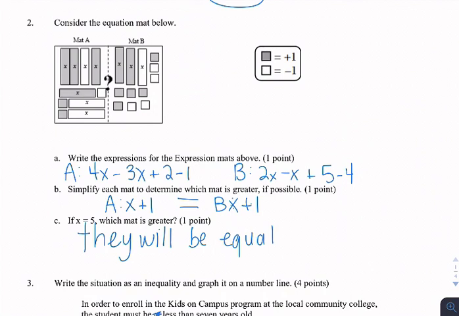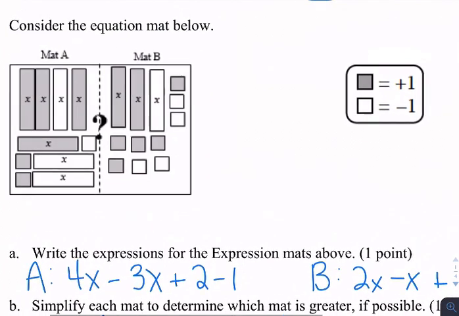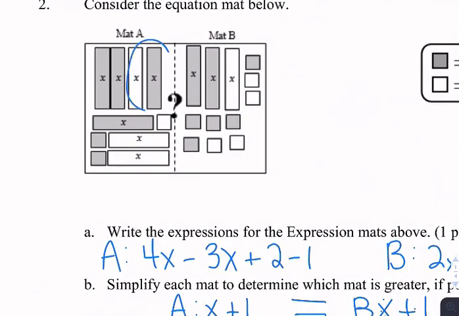When I simplify, even just by making 0 pairs, I'm left with x plus 1 on mat A and x plus 1 on mat B. I'll show you how I got that. I have a 0 pair there, 0 pair. I have 4.